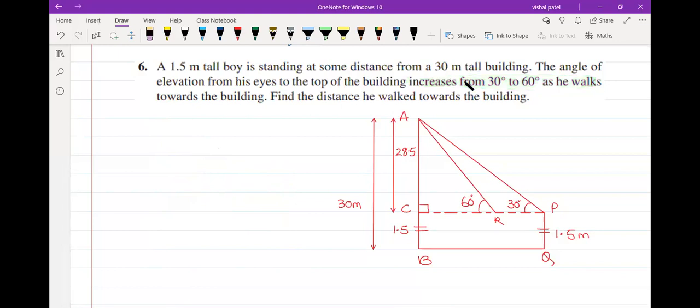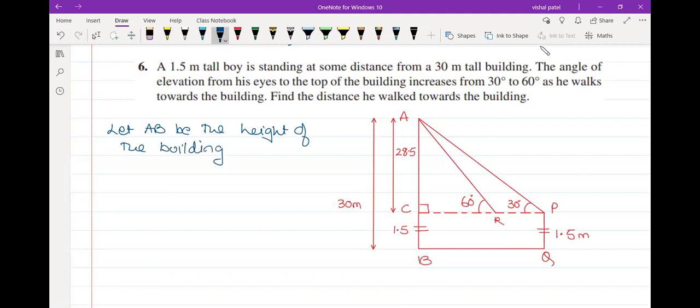Okay, I'll give you a few seconds. Just go through, read the question again and see the diagram. Till that time, I'll just write down what we always write down. Students, see the diagram.